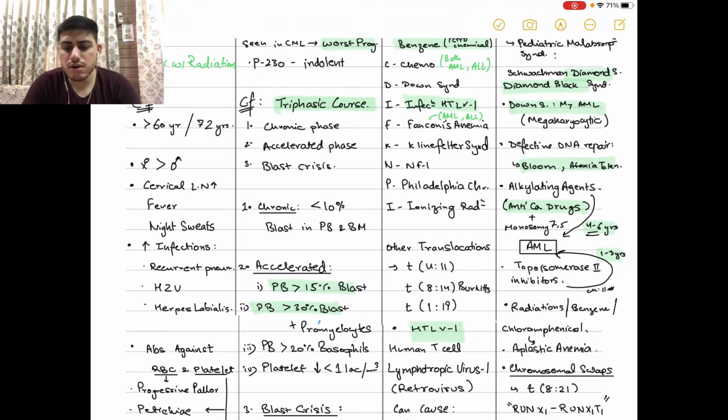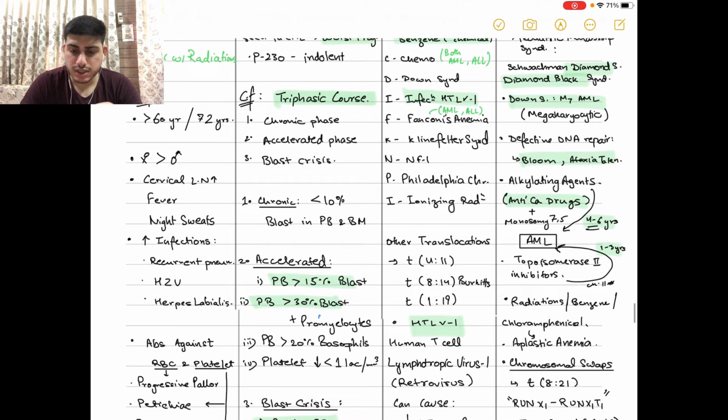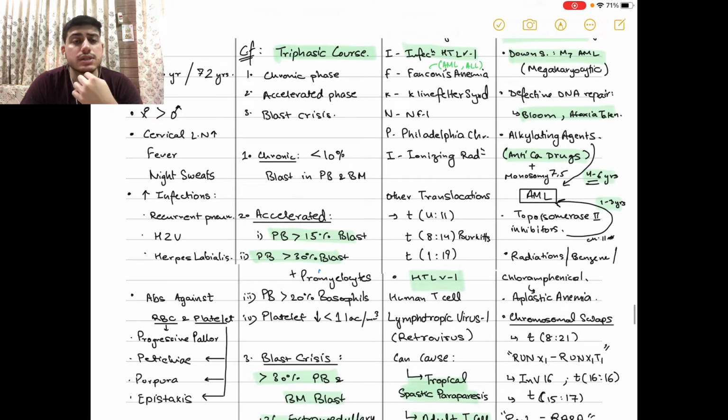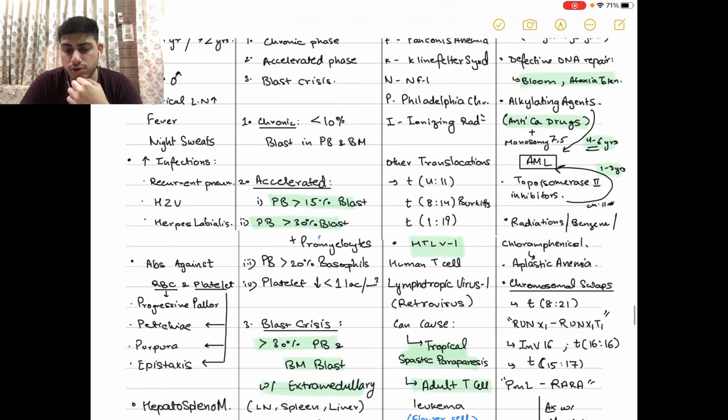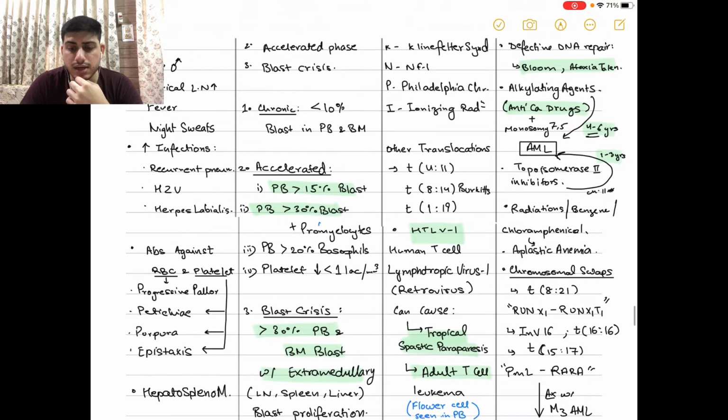So Fanconi's anemia has its association not only with ALL but also with AML. I have mentioned it here already. Now there is another thing from K, Klinefelter and neurofibromatosis type 1, then Philadelphia chromosome, as I already told you.